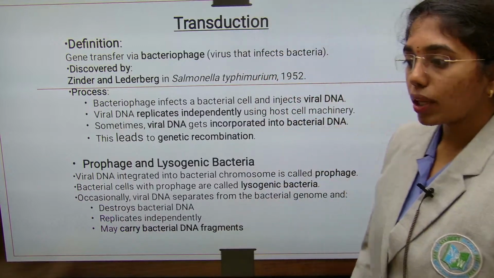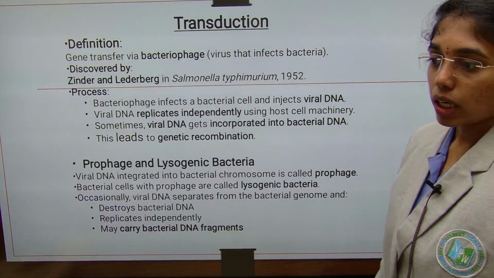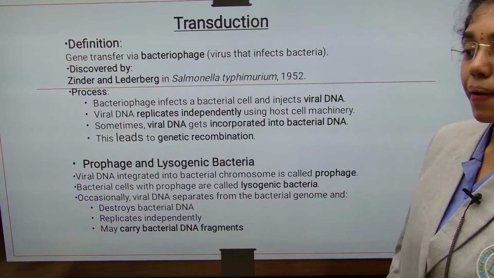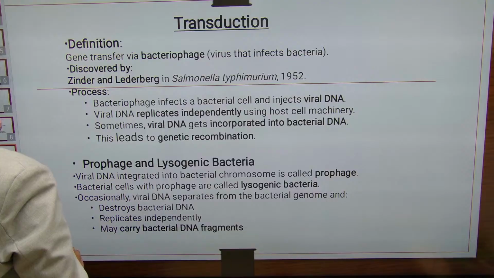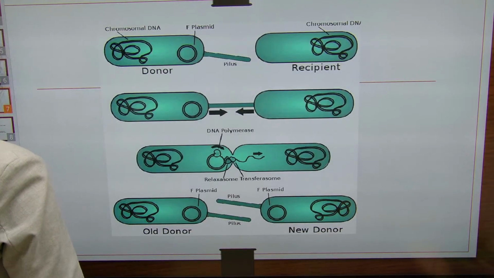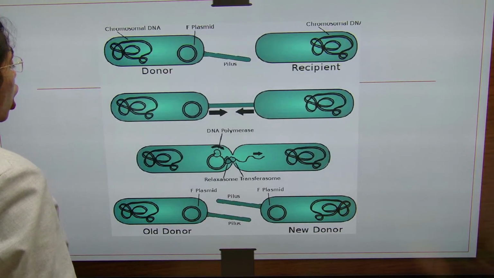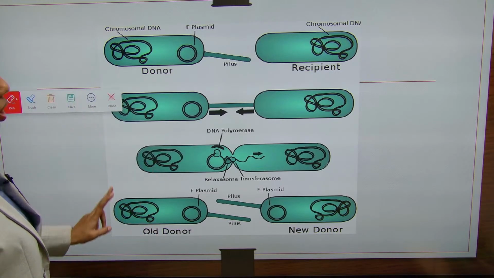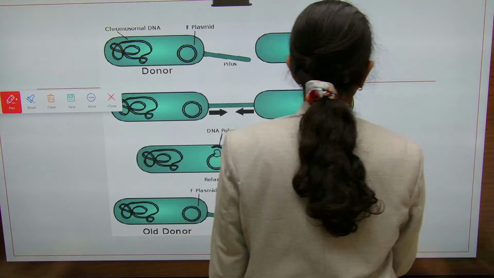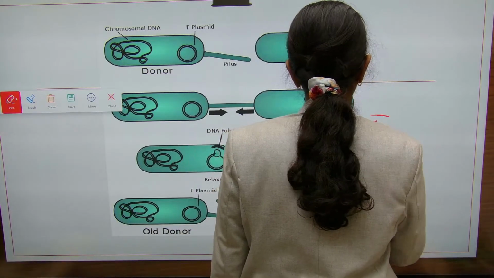Is it rolling circle mechanism? Are you talking about conjugation? Yes. Usually this is a horizontal gene transfer mechanism. The gene transfer is HGT, which is horizontal gene transfer.